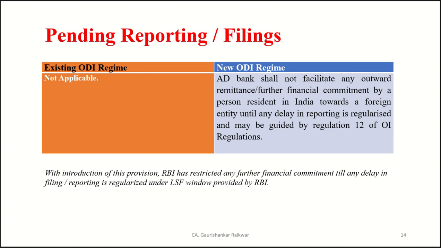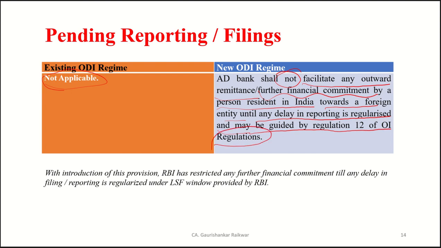Then pending reporting and filing. The provision was not there earlier. But in the new ODI regime, the AD bank shall not facilitate any outward remittance or further financial commitment by a person resident in India towards a foreign entity until any delay in reporting is regularized, as guided by regulation 12 of the OI regulation.